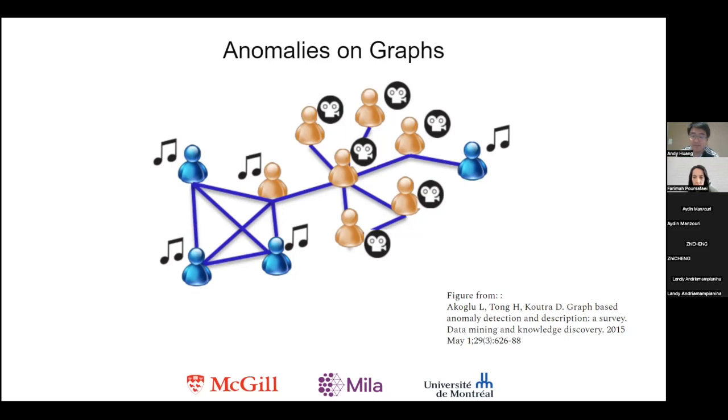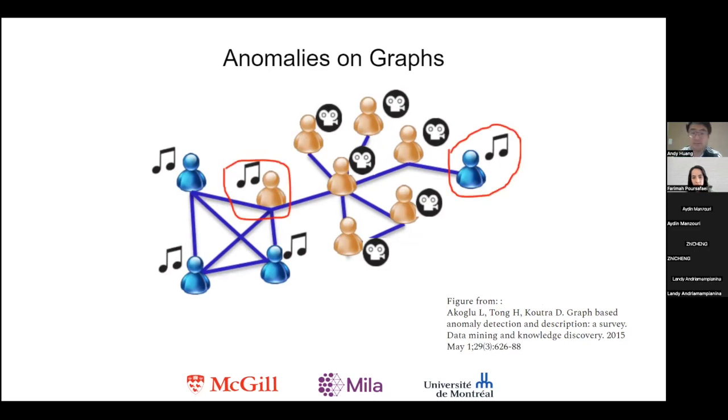I think you should be able to see it. Their behavior is different from the others. The answer is these two users. One has different attributes, and the other is connected with a different community. These are two example anomalies from a past paper.